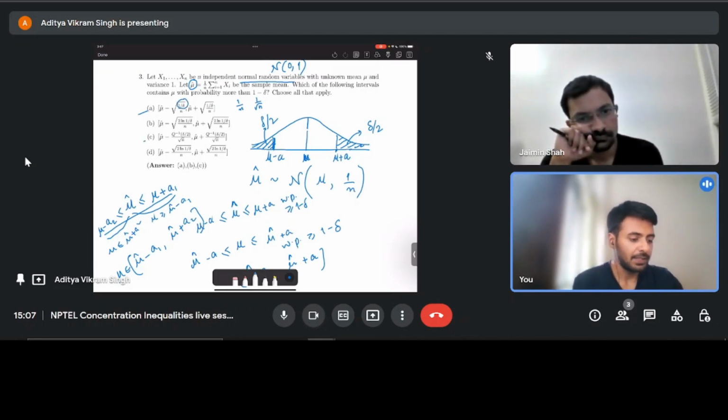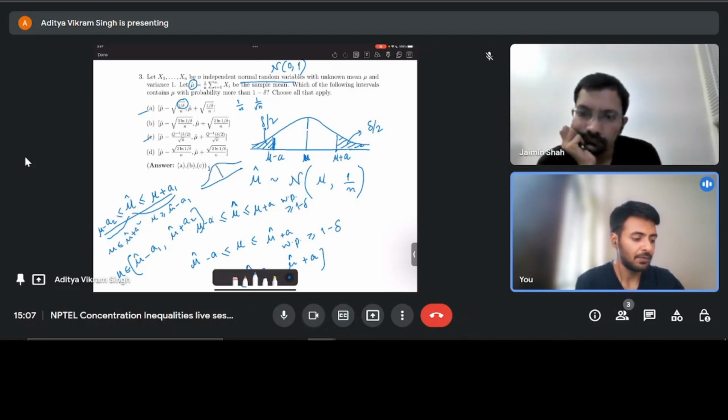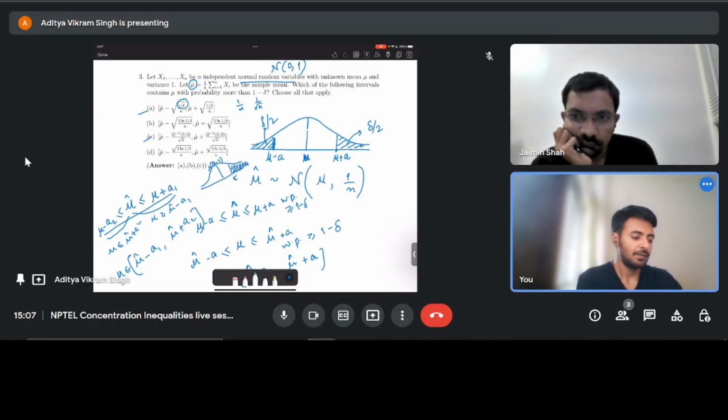The third is the exact thing that would come from the standard normal: if this is N(0,1), then Q of t is defined as this thing. Q of t is the tail.